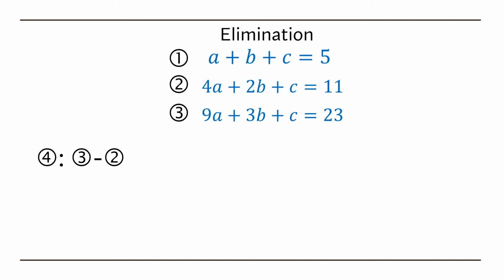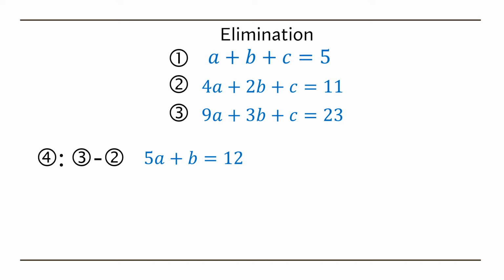And 3b minus 2b is equal to just b. And c minus c is 0. So we get rid of that. So we've now eliminated c in 2 of the equations. And then 23 minus 11 is 12. So we write that down. 5a plus b, there's no c, the c has been eliminated, is equal to 12.